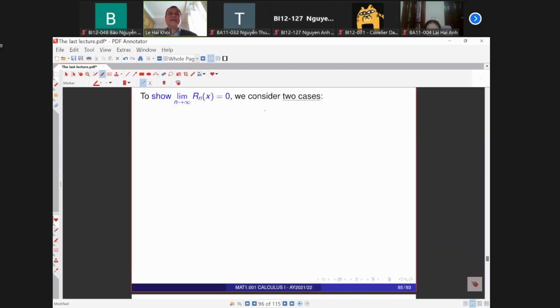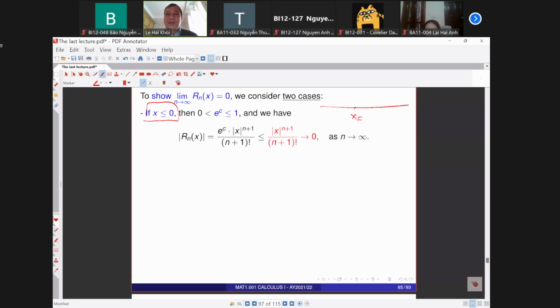There are two cases. First, if x is less than or equal to 0. Remember, a equal to 0. In the interval containing x, you have this less, this bigger than 0. We look at the left. In this case, c is in between x and 0, right? Then e to power c is less than 1.